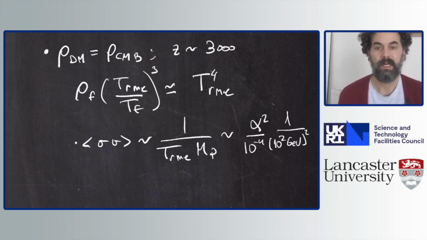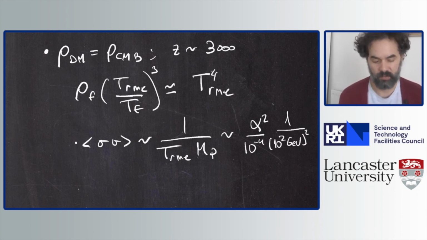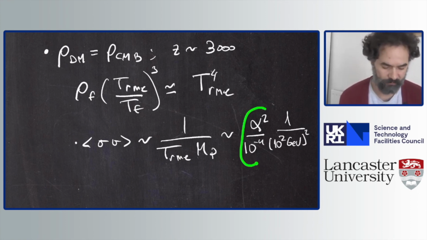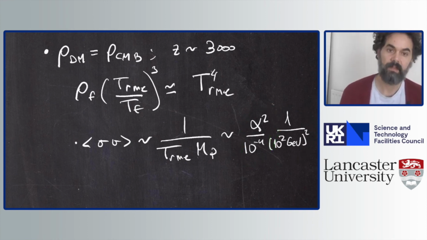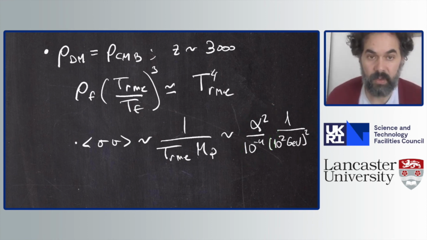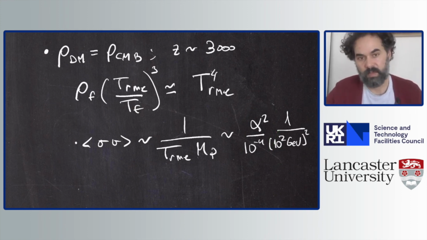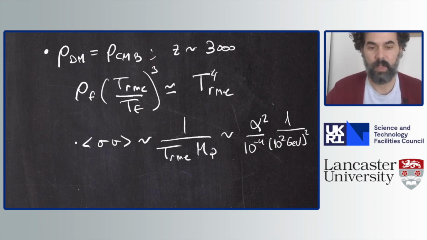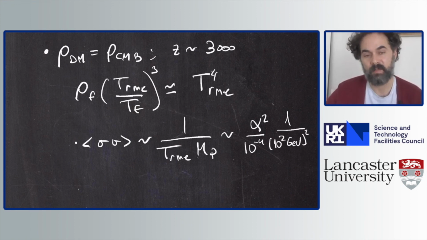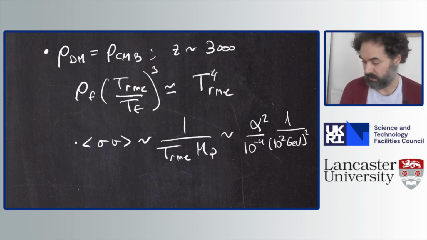It's going to be a rate that can be close to the weak scale, but still perturbative. So there is this alpha here and this scale. It means that if you have rates of this order, corresponding to the rates that kept dark matter in equilibrium in the early universe, the yield that you generate is the one corresponding to the observations of dark matter. This is a very important result of dark matter phenomenology.